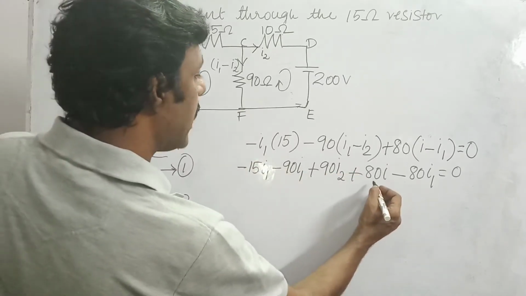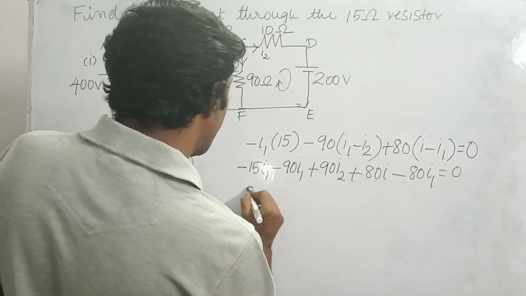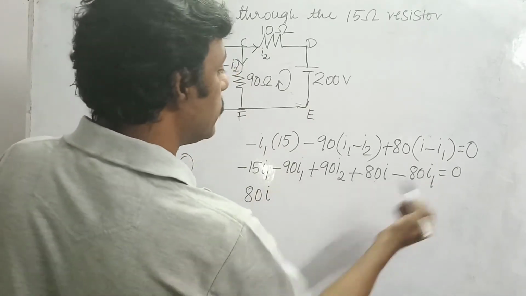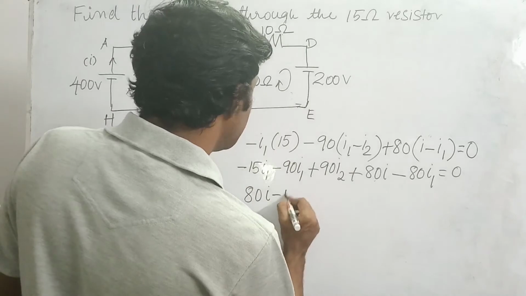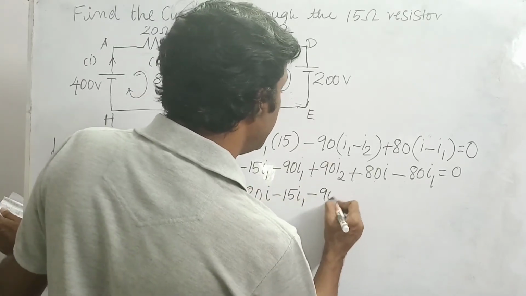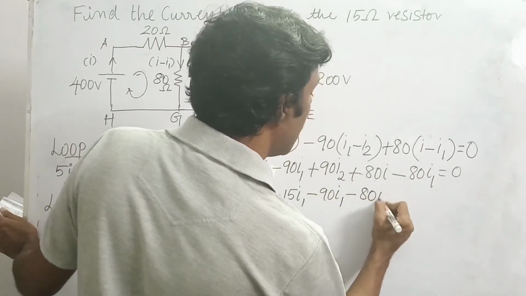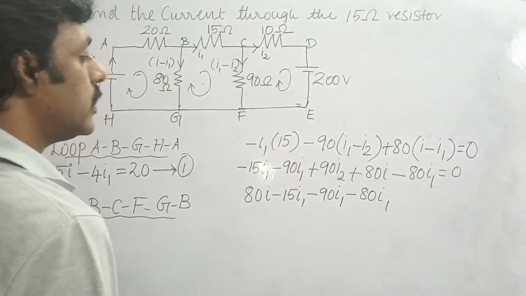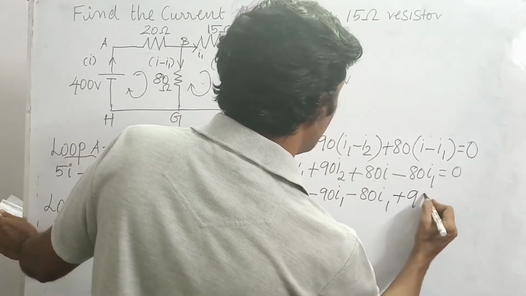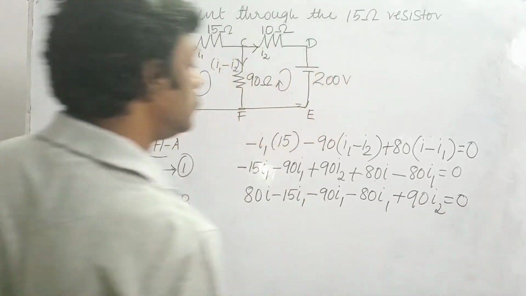Now I am taking the I values first. I have only one I value, 80I. Now I am taking the I1 values: minus 15I1 minus 90I1 minus 80I1. Now I am taking the I2 values. I have only one I2 value, 90I2, equal to 0.